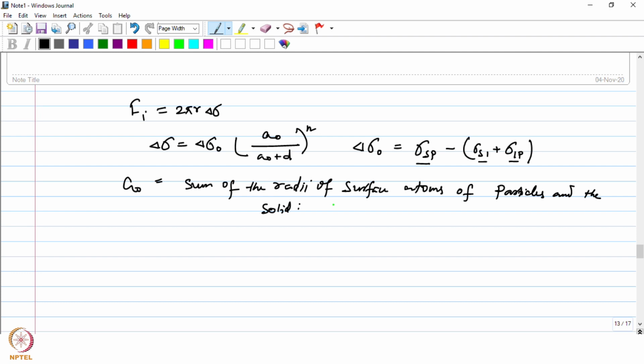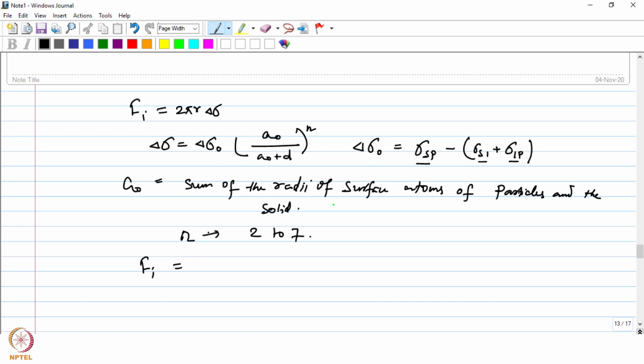And the exponent n varies from 2 to 7. So for a planar interface, this is the interfacial force.